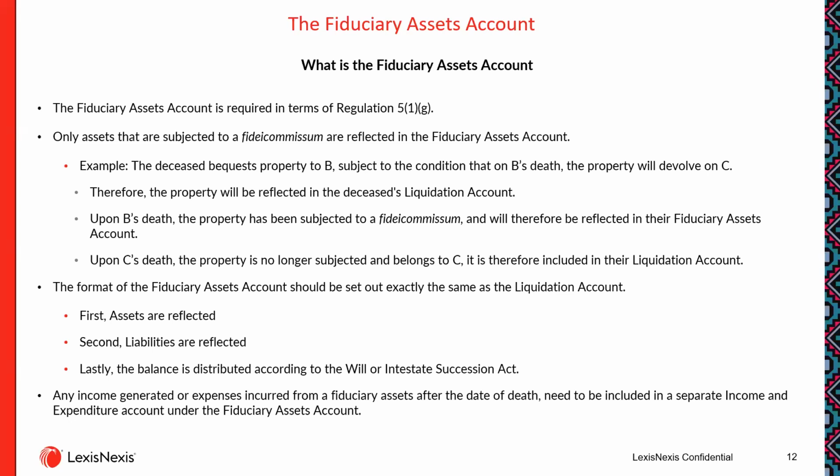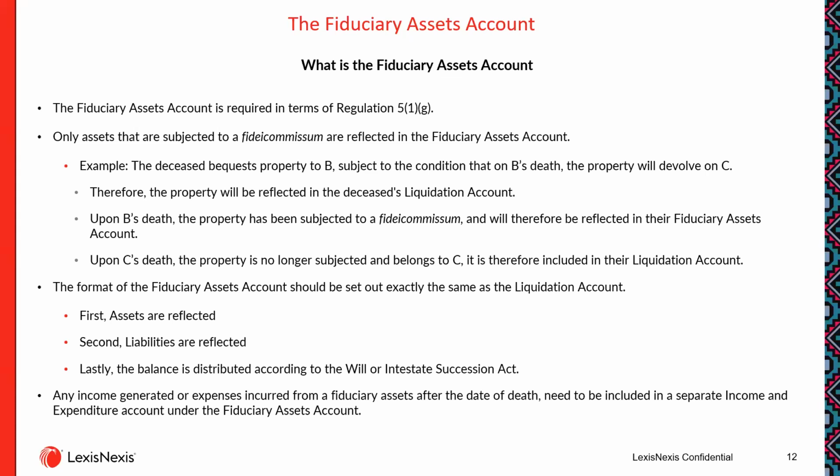However, when we get to B's death, that property has been subjected to a fideicommission, so it doesn't form part of B's estate. And because it doesn't form part of B's estate, we reflect it in the fiduciary assets account when we do the liquidation and distribution account for B.